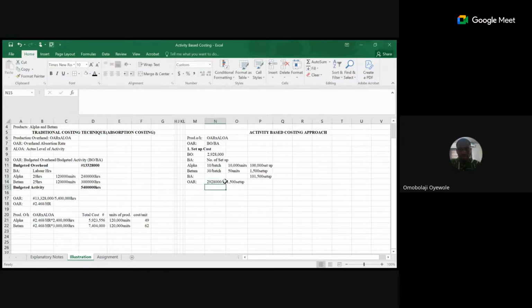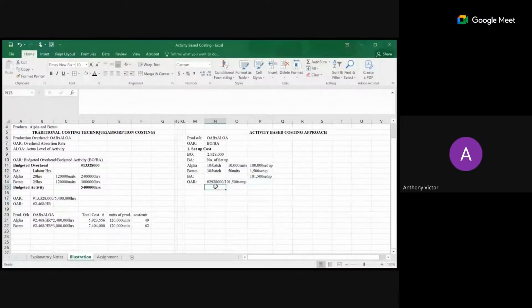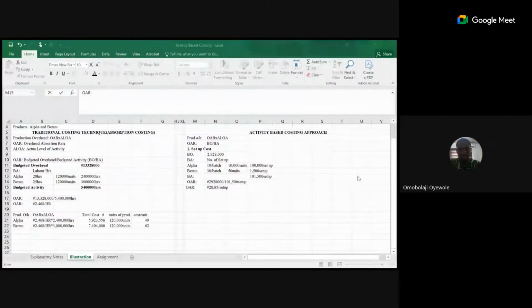So what would that give us? 28.85. That will give us 28.85 per setup. So the OAR will be 28.85 per setup. Now we have calculated the OAR for setup.